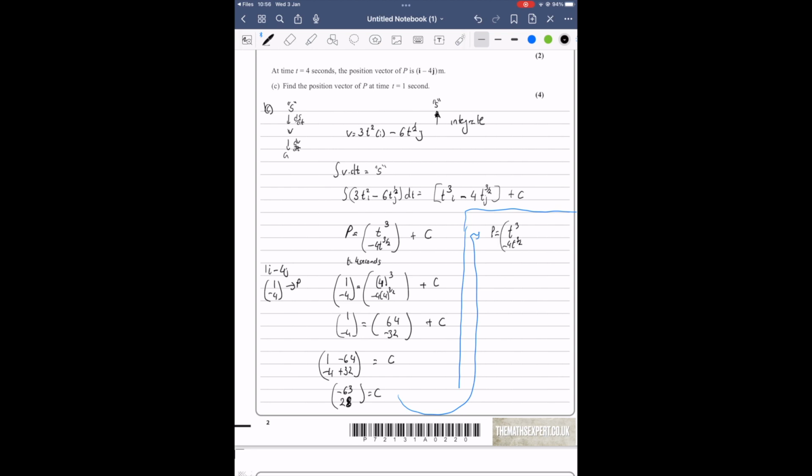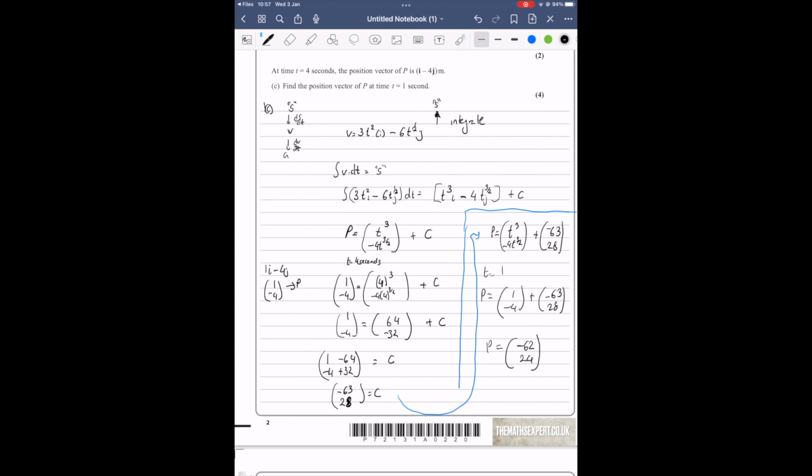Remember, top is i and bottom is j. And we're just going to simply put plus c, which is minus 63 and 28. They said at 1 second. Well, when t equals 1, P is going to equal 1, minus 4, plus minus 63 and 28. And therefore, P is going to give minus 62, plus 24.